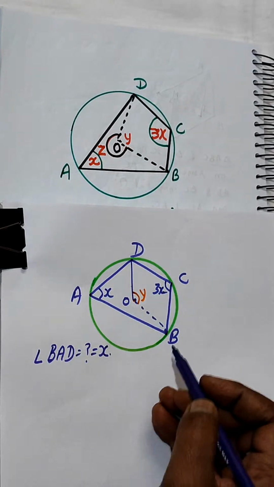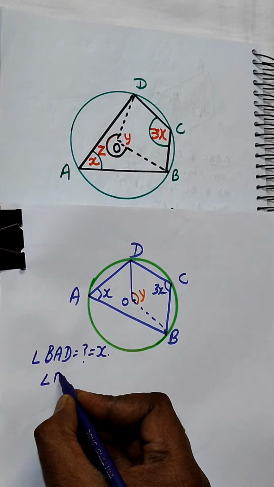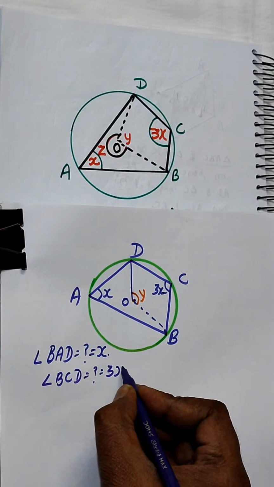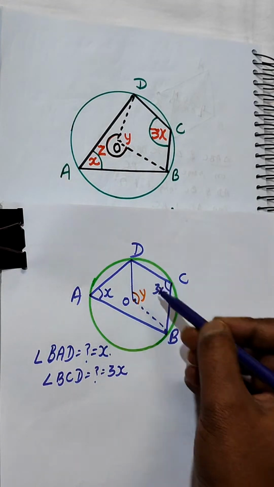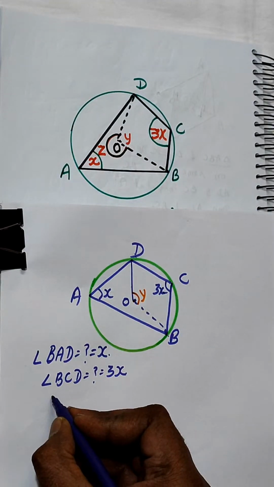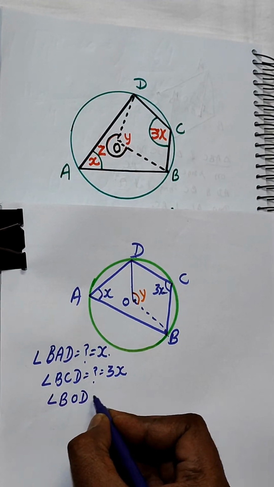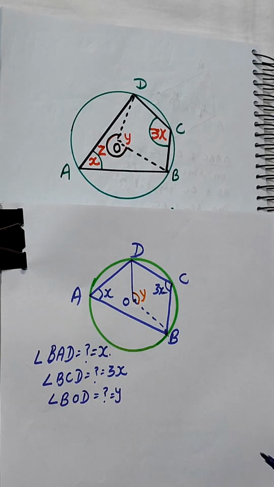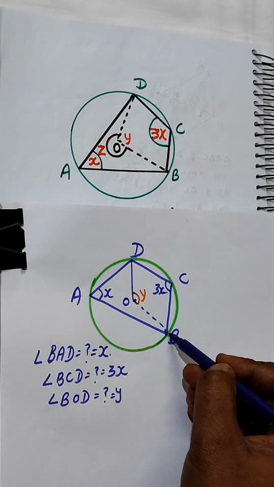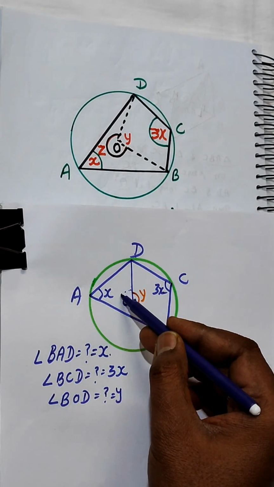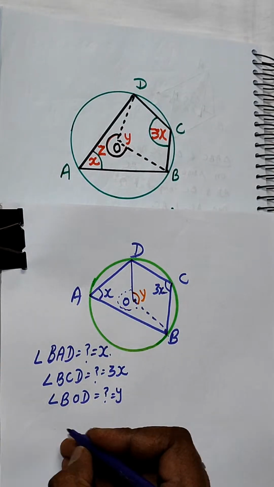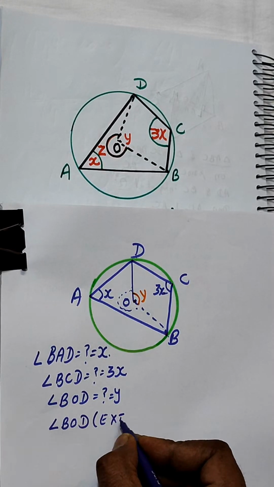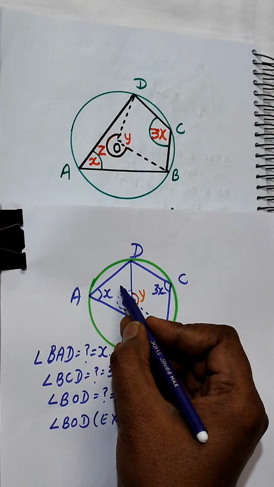And this angle BCD is 3x. And this angle BOD, equal to what? All these angles we are going to calculate. And angle BOD exterior, this one, let's say that is equal to Z.